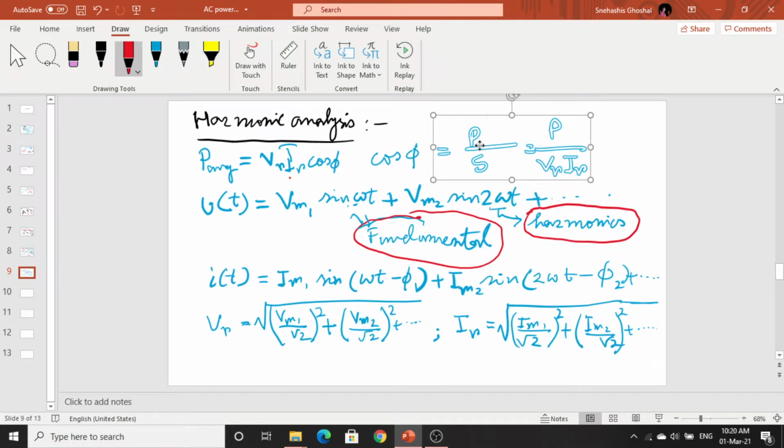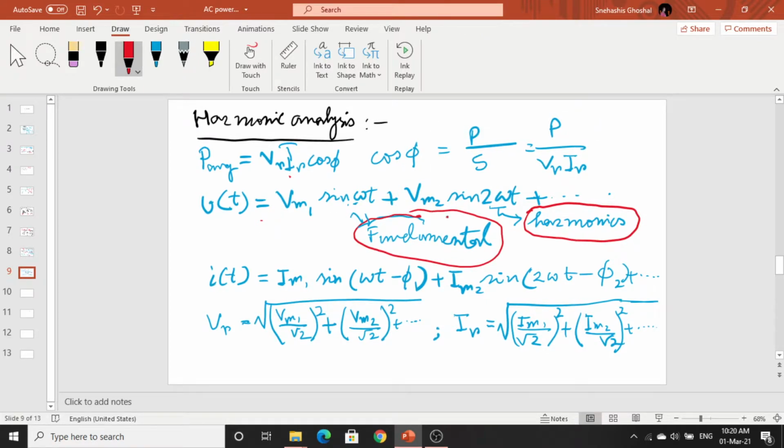Here we have considered one voltage wave, Vt equal to Vm1 sin omega t plus Vm2 sin 2 omega t plus so on. Multiple frequency sine waves exist in your source voltage, where the lowest frequency component is known as the fundamental, and the others, whose frequencies are integer multiples of the fundamental, are known as harmonic waves.